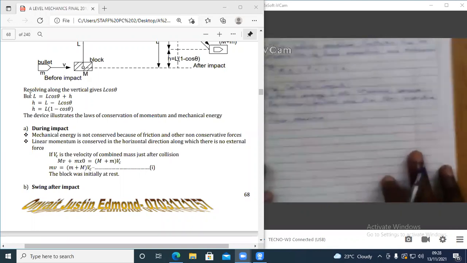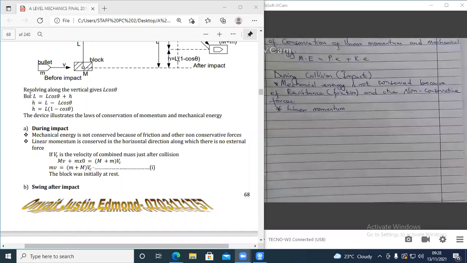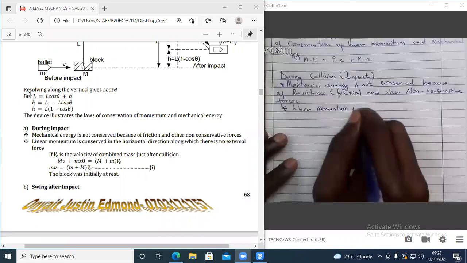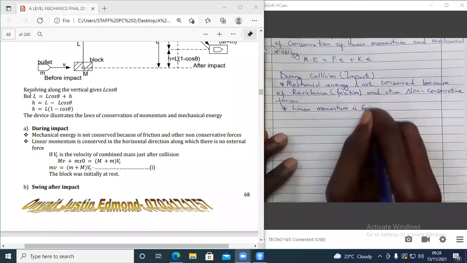Let me check. Okay. Linear momentum is not, it's conserved, sorry.